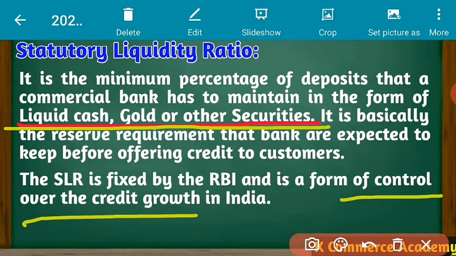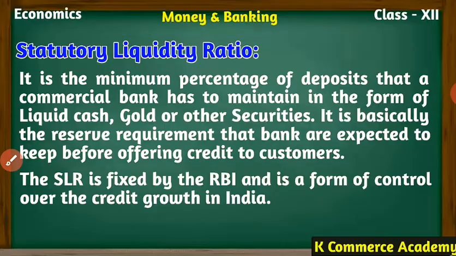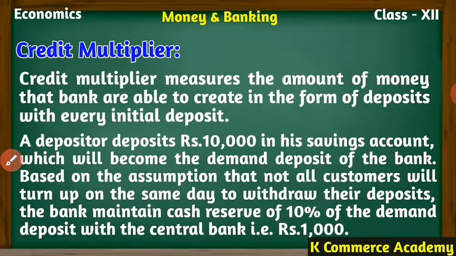Now we have to understand what we mean by credit growth, because money supply we all understand: the amount of money held by the general public of the country. Now we have to understand the term credit growth and the term credit multiplier. Credit multiplier measures the amount of money that banks are able to create in the form of deposits with every initial deposit.